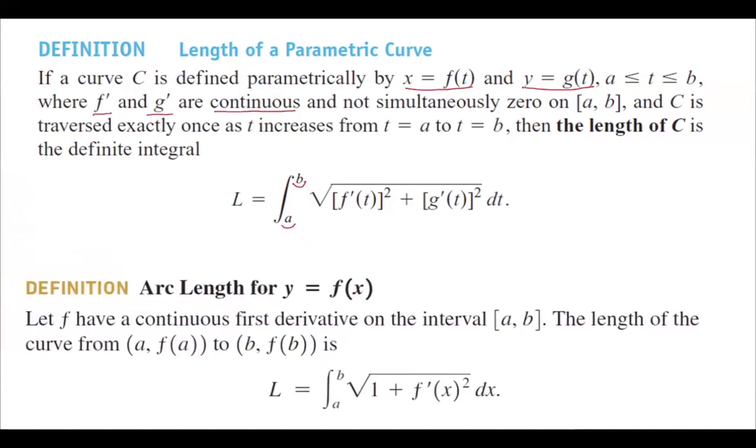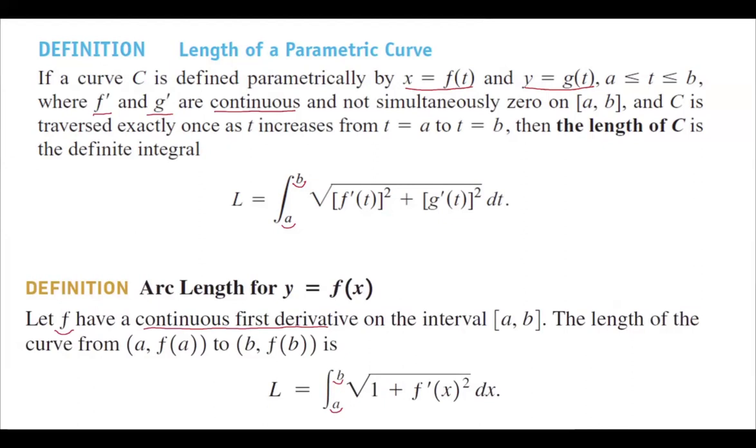And if y is equal to f of x and function f has a continuous first derivative on the closed interval a to b, the length of the curve from (a, f of a) to (b, f of b) is the definite integral from a to b of the square root of 1 plus f prime of x to the second dx.